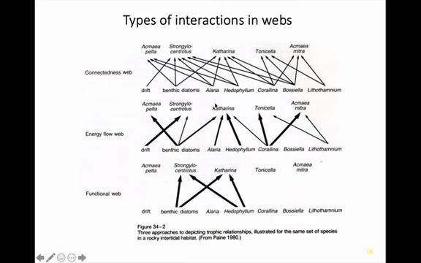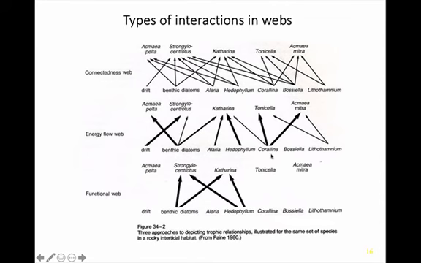A second use of food webs is to diagram the energy flow. And so here we ignore the interactions that don't transfer a lot of energy. So here Tonicella eats Basiella, and we can see that it does that. However, it does not consume enough to transfer any significant amount of energy from this species to Tonicella.